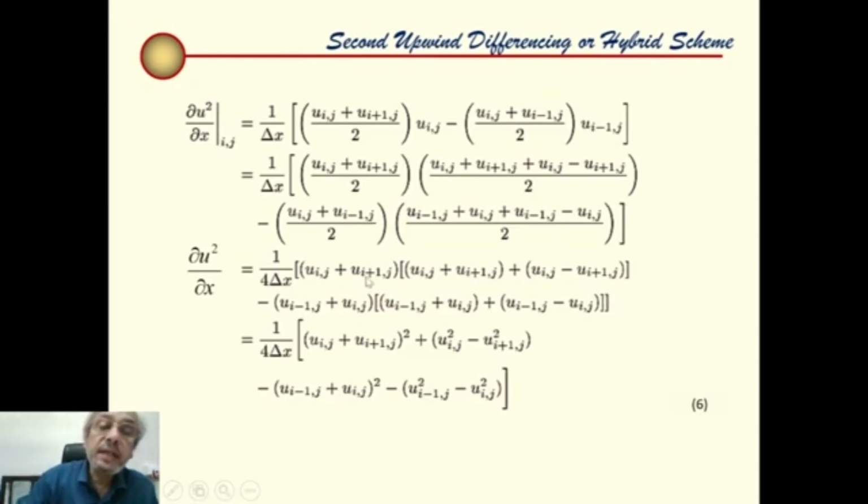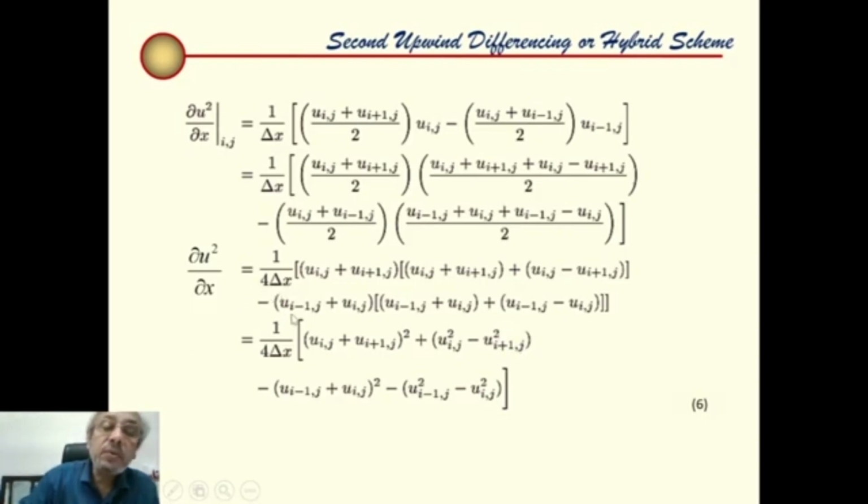If we write it in this way, clearly we can see 1 by 4 delta x within the bracket. Here uij plus ui plus 1j whole square, and this term will be obviously a plus b into a minus b, so a square minus b square, so uij square minus ui plus 1j square.